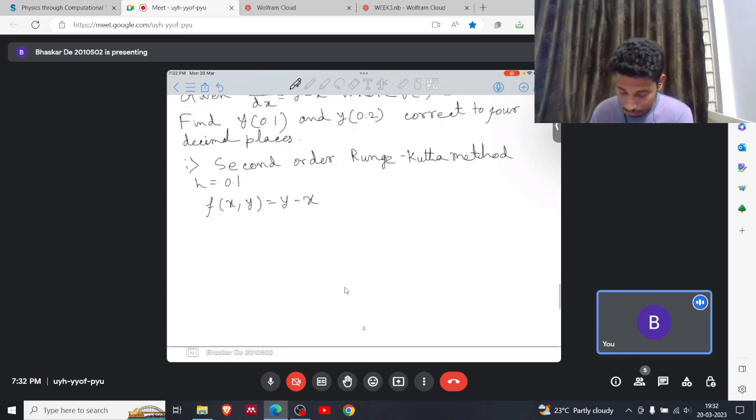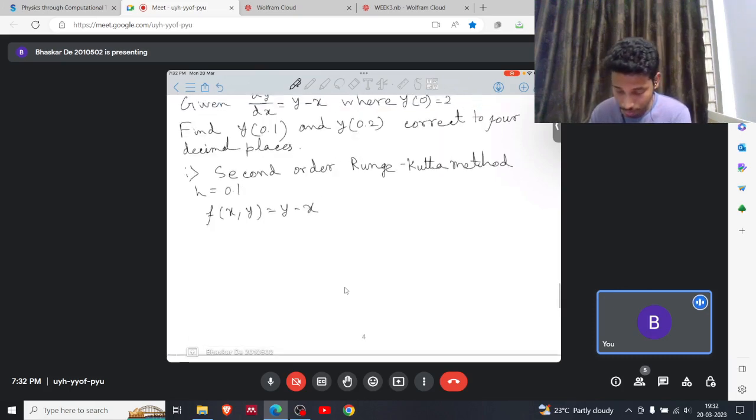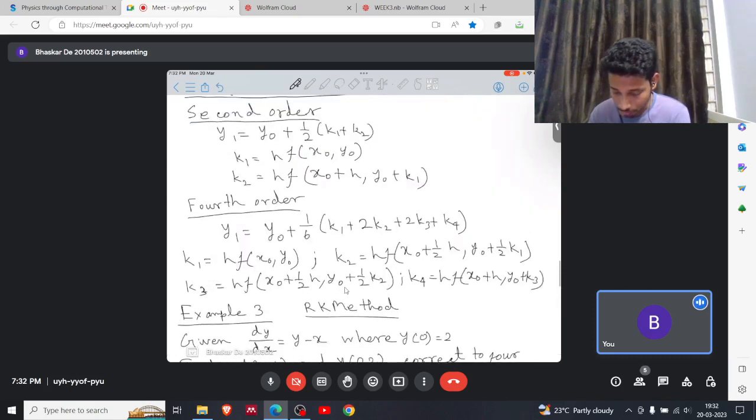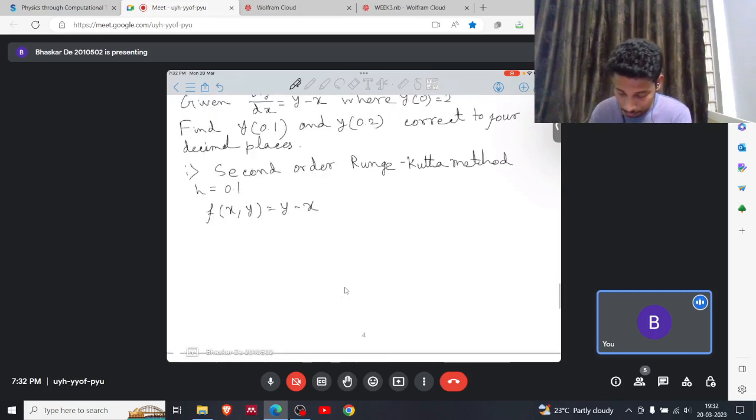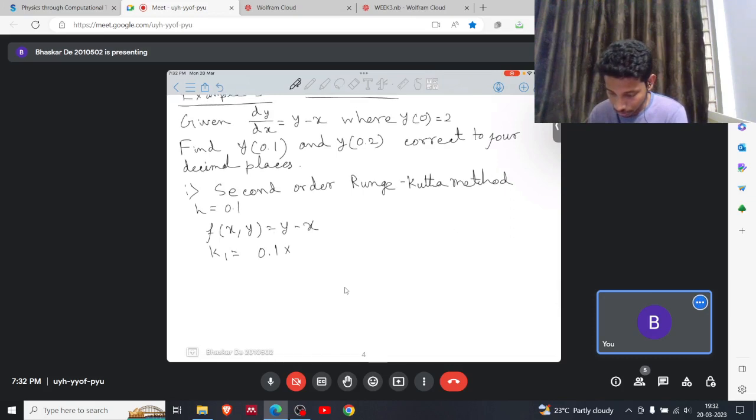Considering h equal to 0.1, we get the value of k1 equal to 0.1 into (2 minus 0), that gives 0.2.